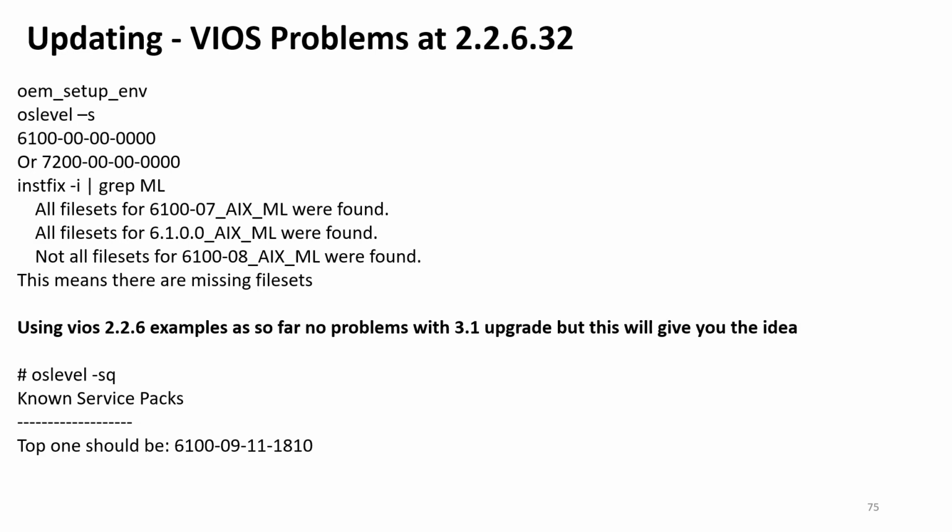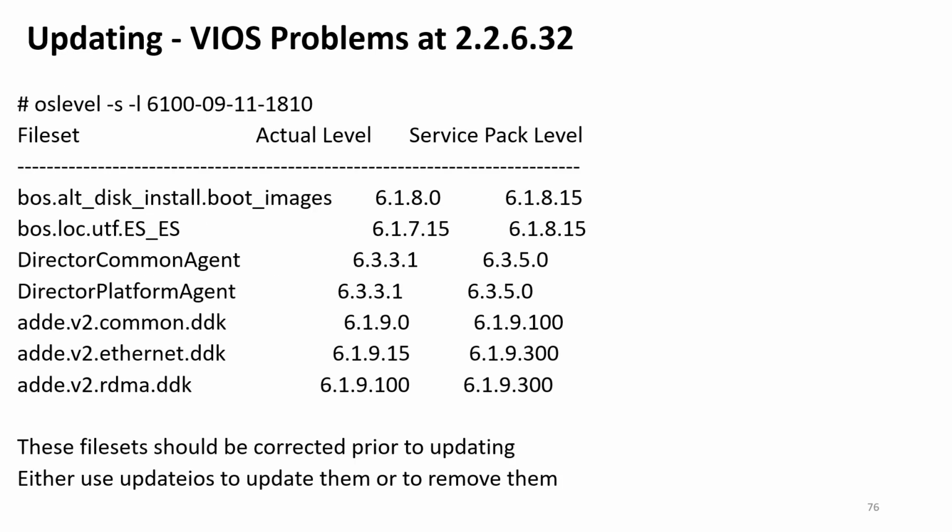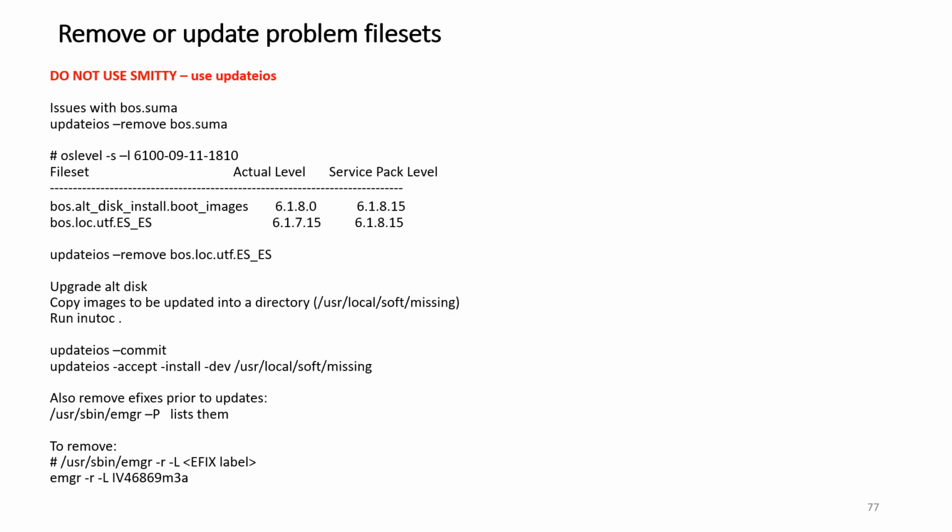Normally when you see these things, there are missing filesets. If you have to find missing filesets, you could do this oslevel -s, and it will tell you which filesets are your problems. And then you can either update them or remove them using updateios. So this is showing you how to update them and how to remove them.